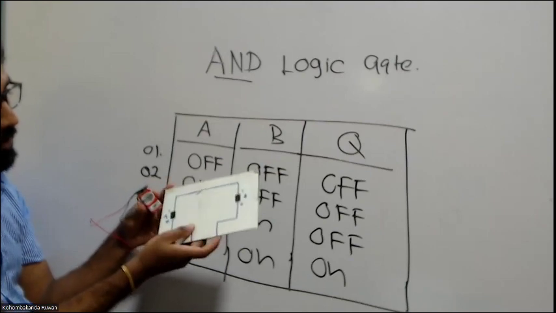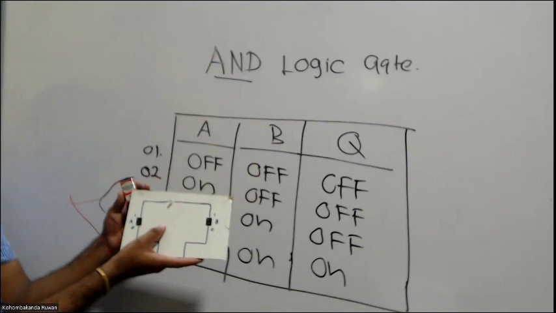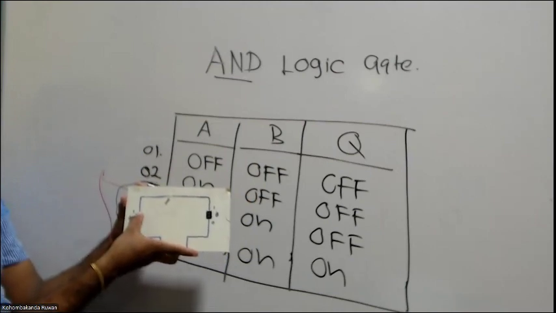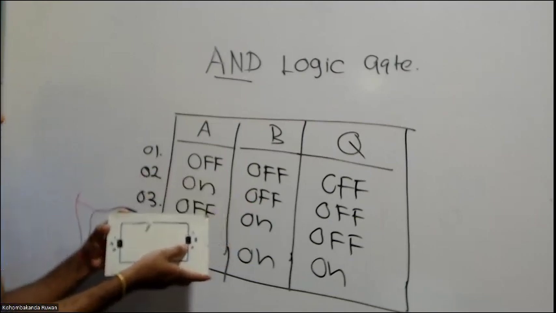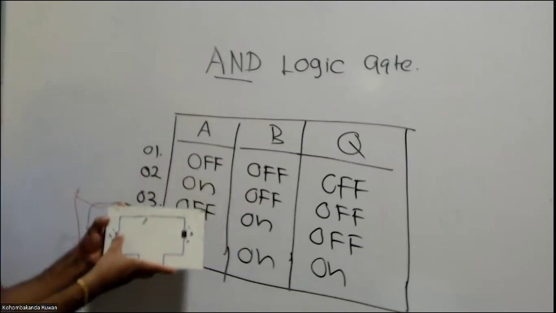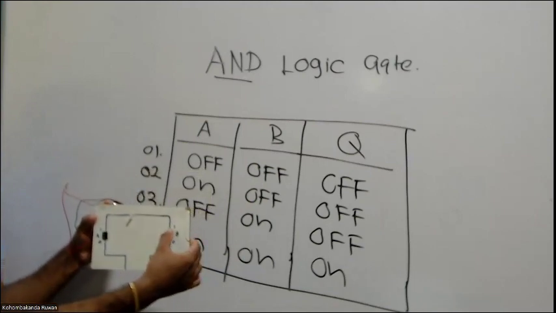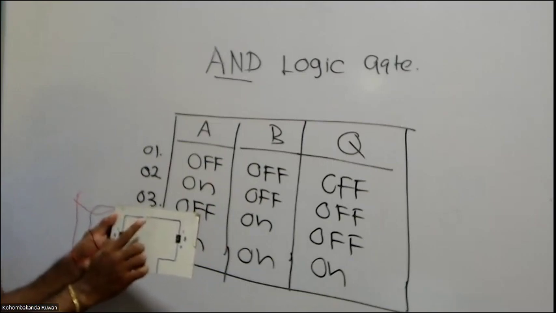A also off, B also off. Second one, A is on, B is off. Second situation. Third situation is A is off, B is on, but you cannot see the light still, right?